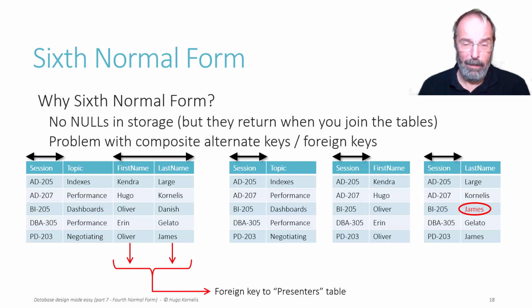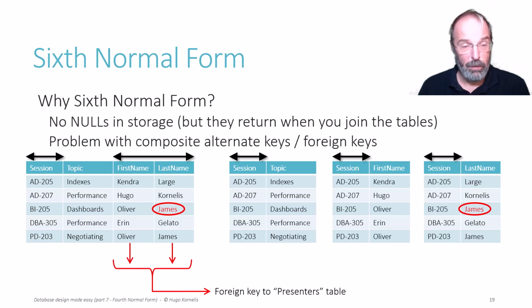And this is not a problem for the foreign key because we have an Oliver James, but as you see, when I make the same change on the left-hand side, now Oliver James has two sessions, which violates the business rule, which is implemented by the key on first name and last name. In a fifth normal form design, the database would once more instantly reject this change as a violation of the alternate key. In the sixth normal form design, the database will allow this.